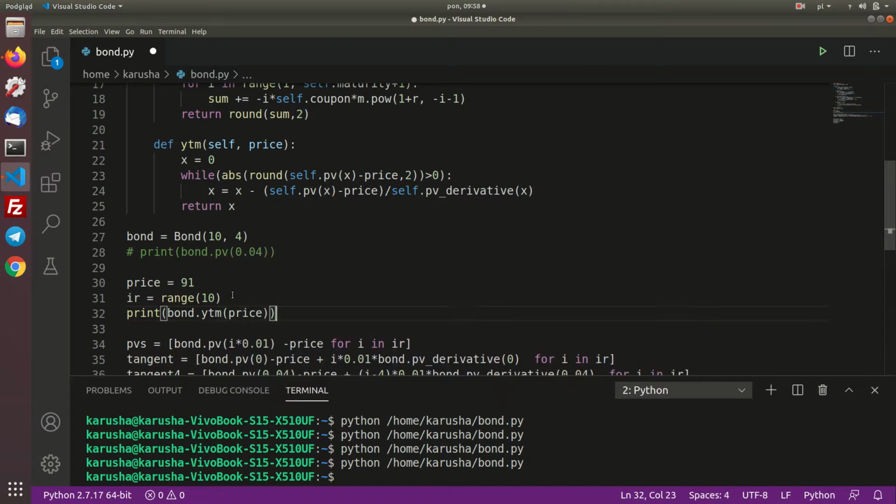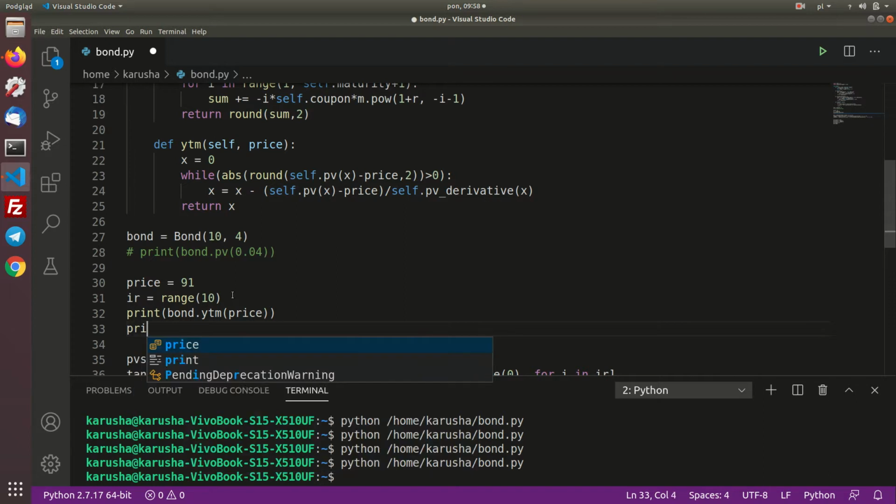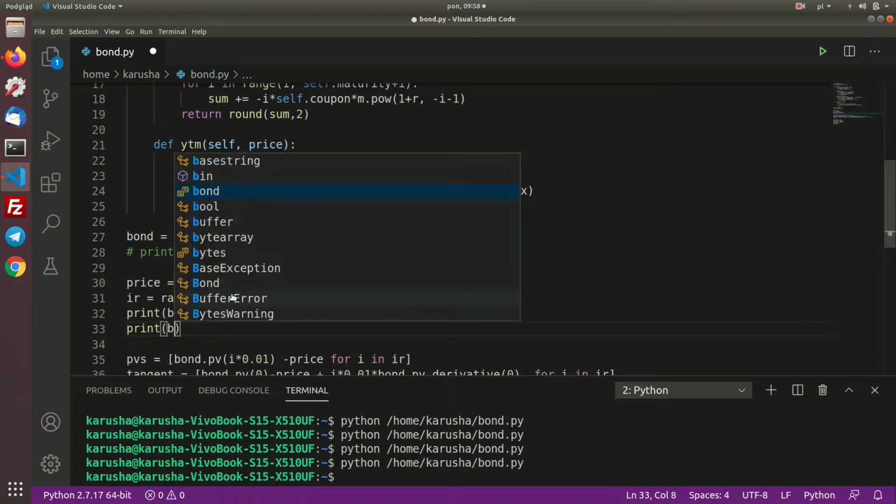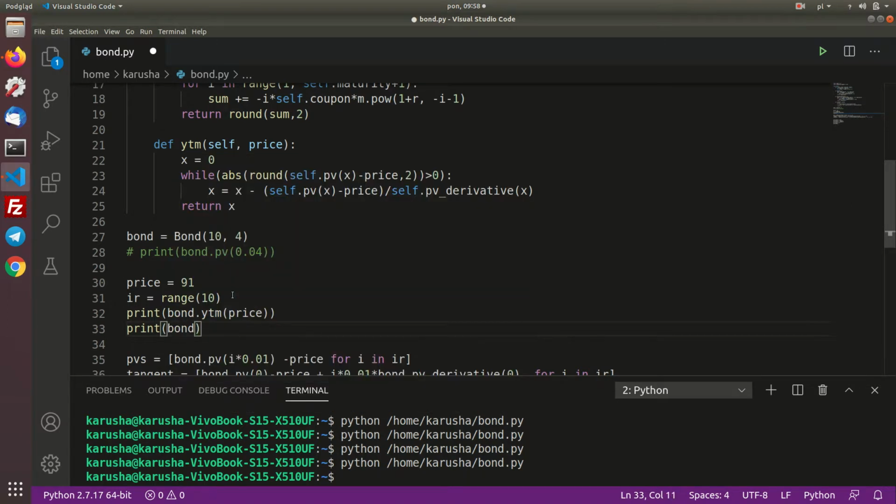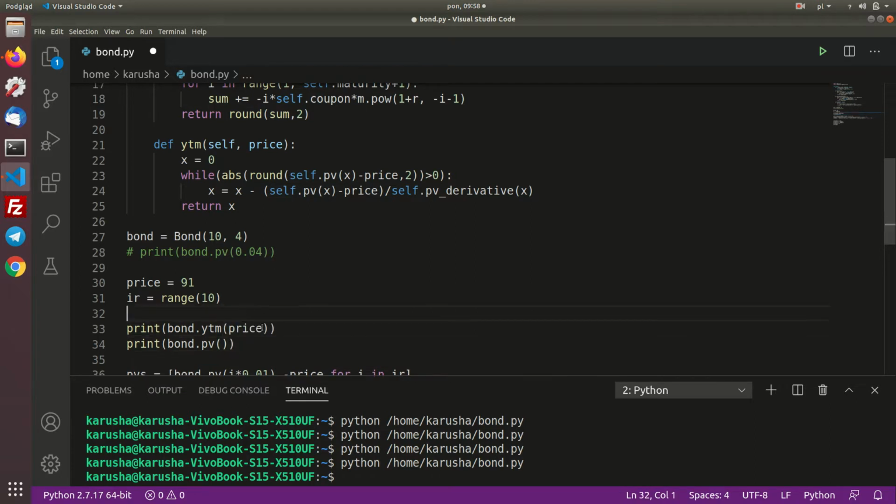Secondly, as a sanity check, let us see if this fits the definition of yield to maturity. So if we calculate the PV based on this yield to maturity, let us create a variable for that.